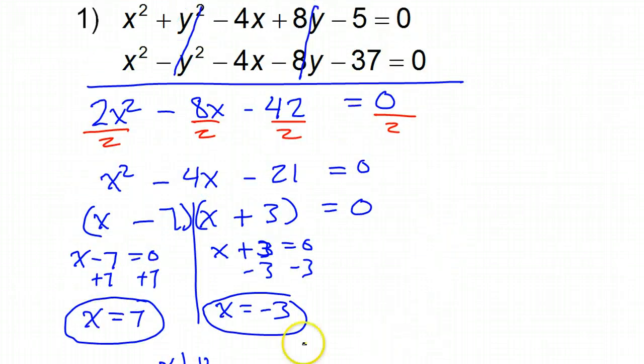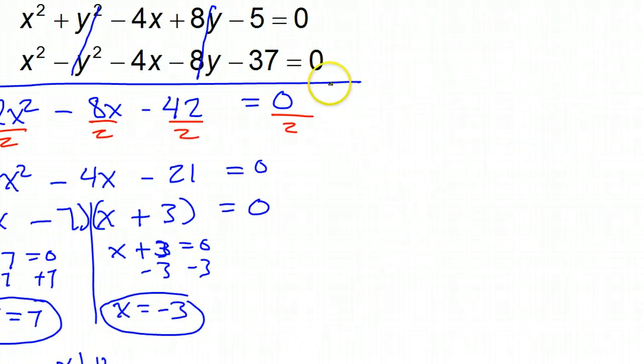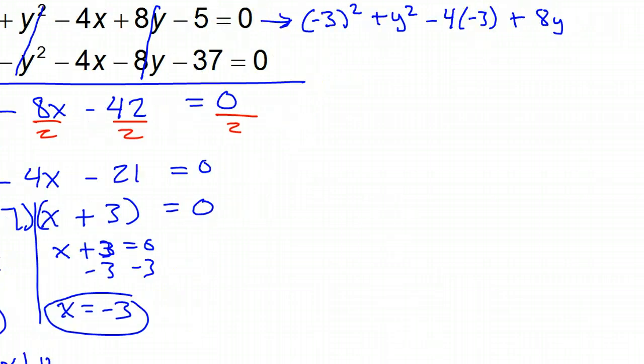So let's start with the negative 3. To get the y value that goes with it, you need to take that negative 3 and plug it into one of the equations. I'm going to plug it into the top equation because why not? So I'm putting negative 3 for all the x's. That means I'll have negative 3 squared, because that's an x, plus y squared, that's just going to stay what it is, minus 4 times negative 3, because that's another x, plus 8y, minus 5 equals 0.